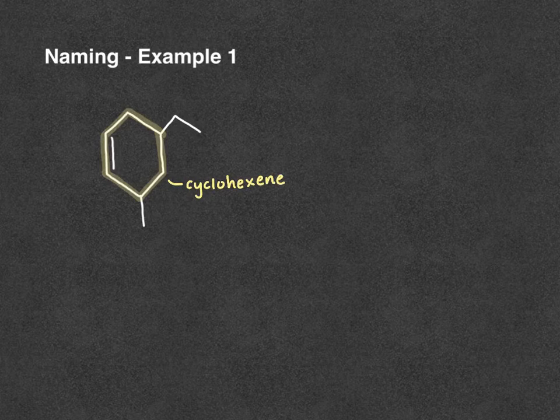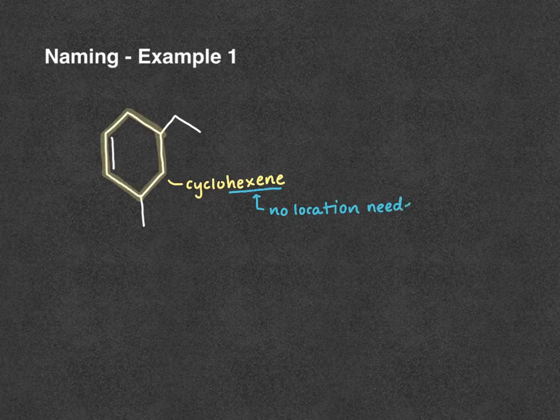Now when we're naming our parent chain for a cycloalkene, you'll notice we don't put a location marker for the double bond. This is because the double bond is between carbons 1 and 2 always.